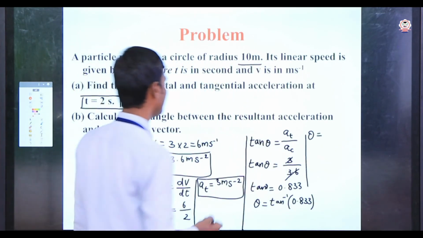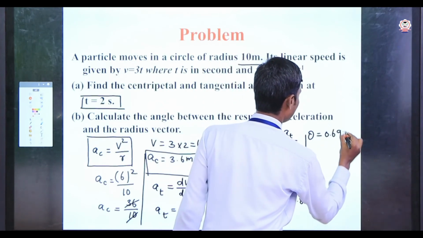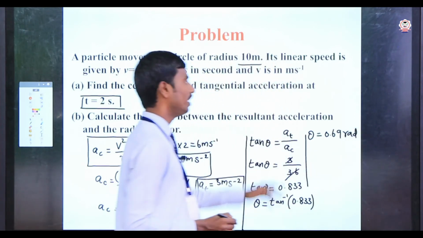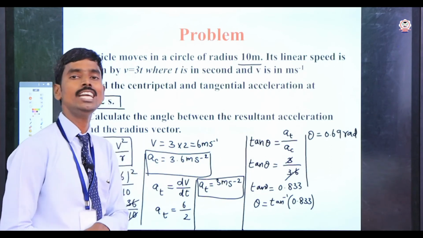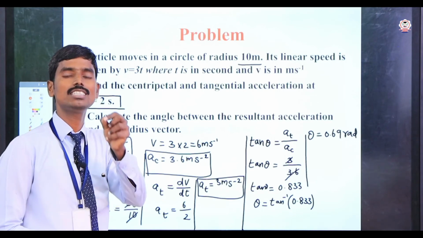So we get 0.69 radian. That is called radian. Here we want to convert it to degree. 1 radian equivalent value is 57 degree 17 minutes.